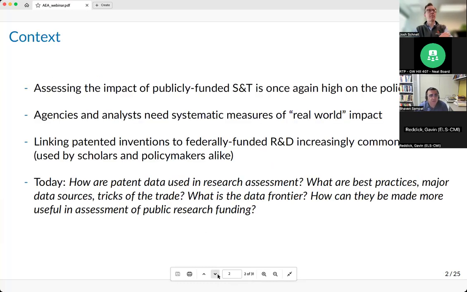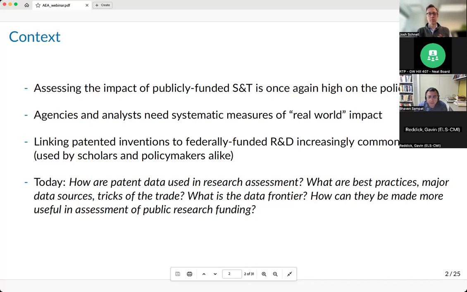So some context. I'm going to talk about patents, and in a sense, the uses of patent data to assess the impacts of publicly funded R&D goes back at least a quarter century. Even beginning in the 1990s, NSF in their science and engineering indicators tried to link patents to public funding using the data available then.